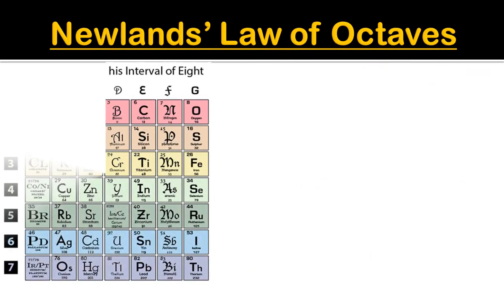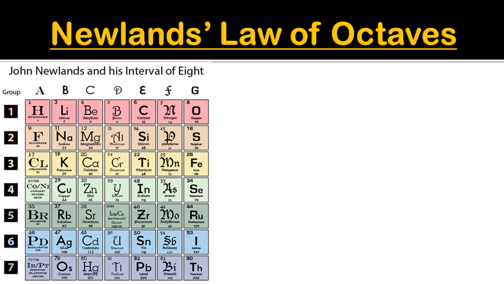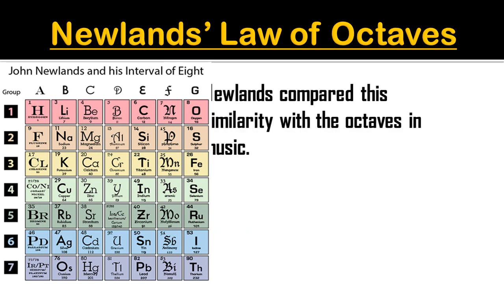Now this is Newlands' periodic table. You can observe the first element is hydrogen, and the second last element is thorium, having atomic number 90 and atomic mass 232.